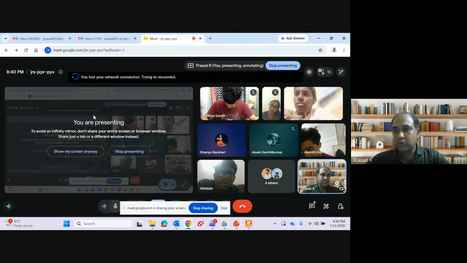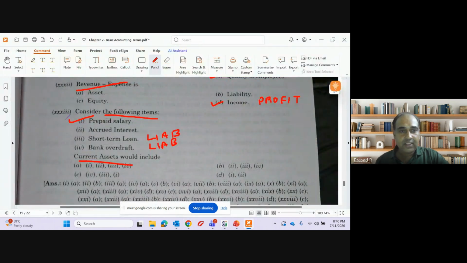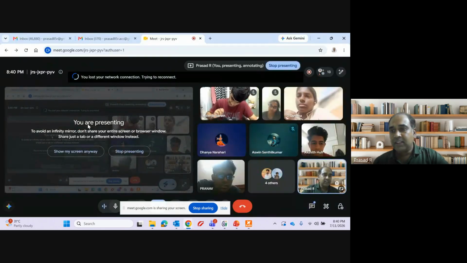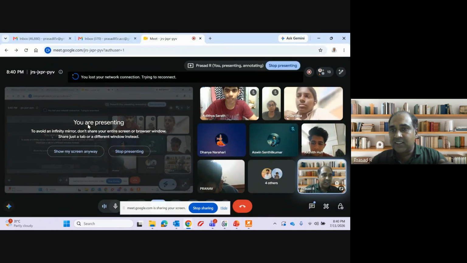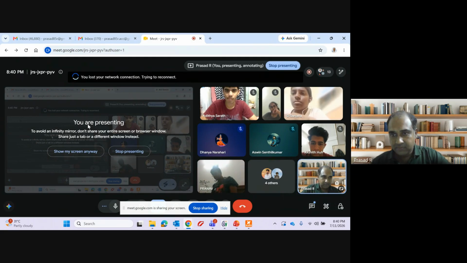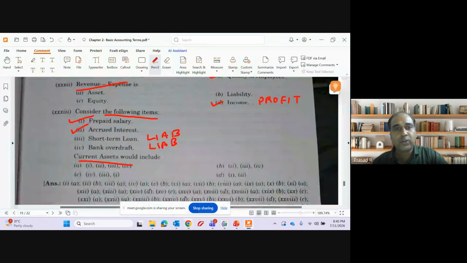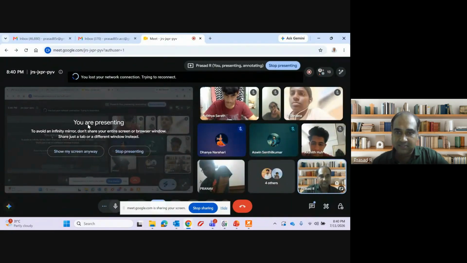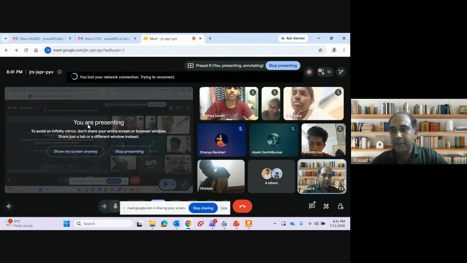I paid in advance, so today it is an asset for the company. Accrued interest means I have earned the interest, but I have not received it. In future, I will receive that interest. For now, you can just remember accrued interest and prepaid salary, both are assets. Clear? Any doubt? Because the other two are liabilities.